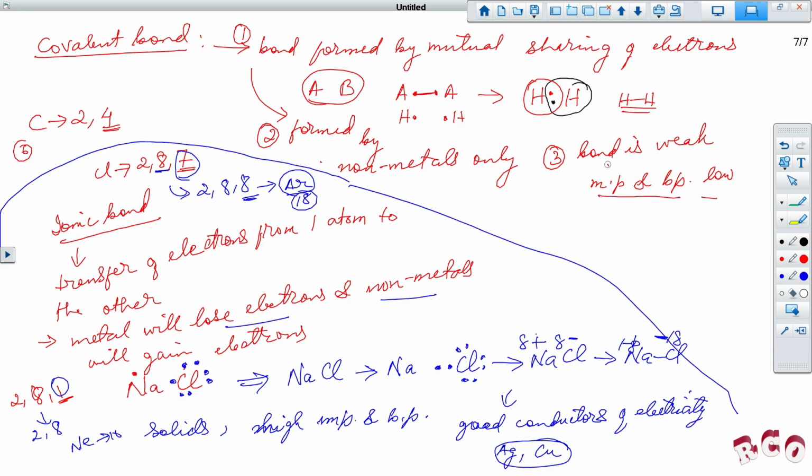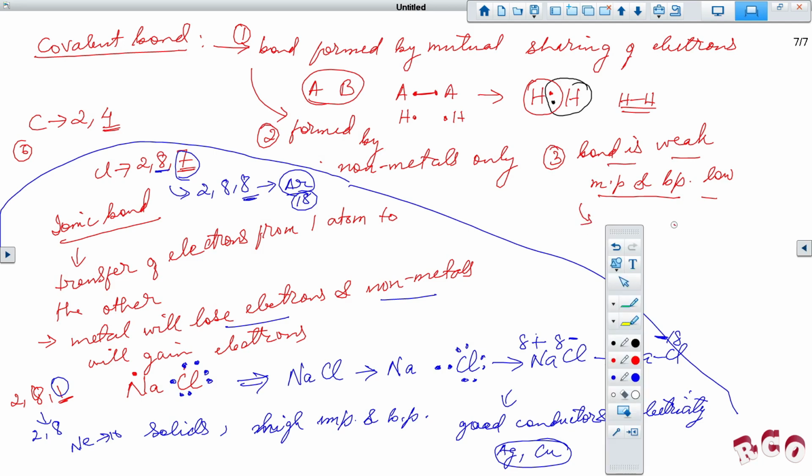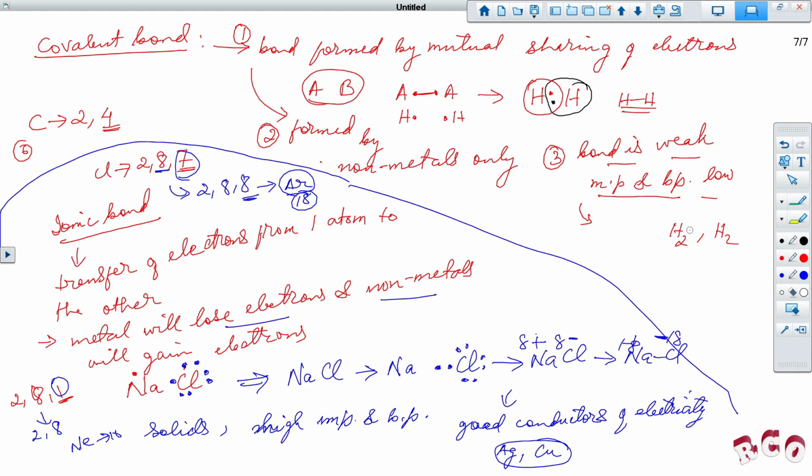If the bond is weak, it will break easily. That is why they are also intermolecular. Suppose there are hydrogen and hydrogen. These attractions will be like van der Waals forces of attraction.